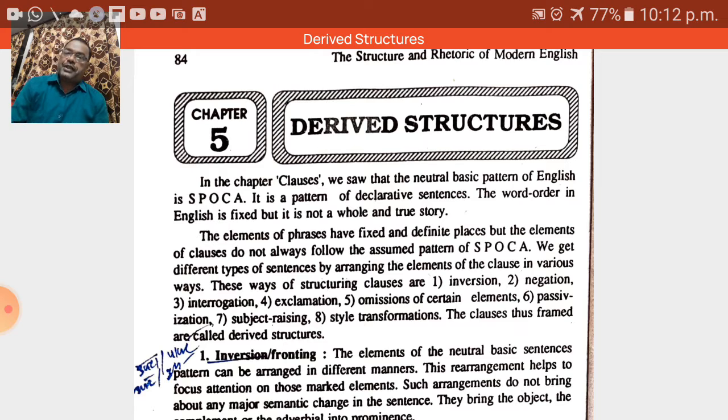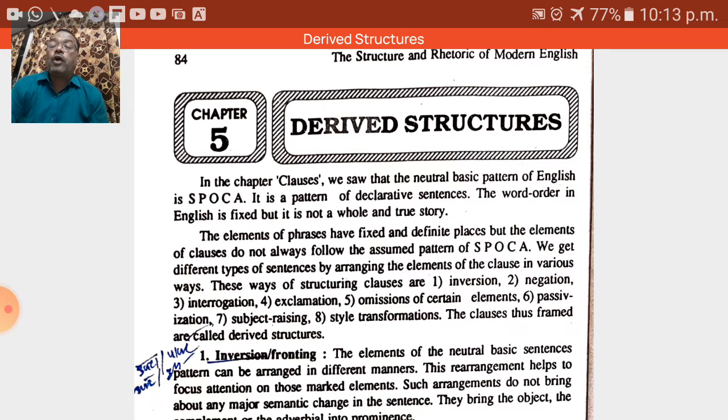In the phrases we have studied, pre-modifiers come before the head word and post-modifiers come after the head word. Their places are fixed. But in clauses, we assume a pattern like subject, predicate, object, complement, adverb, yet we get different types of sentences by arranging the elements of the clause in various ways.